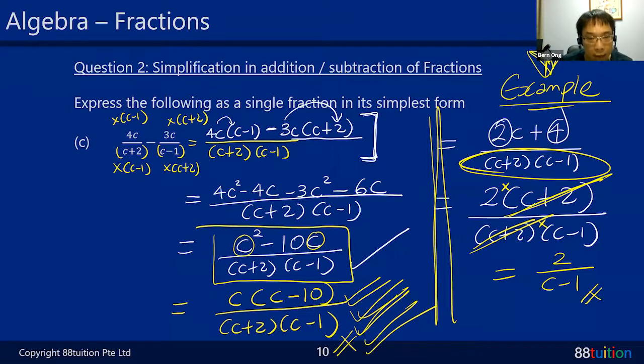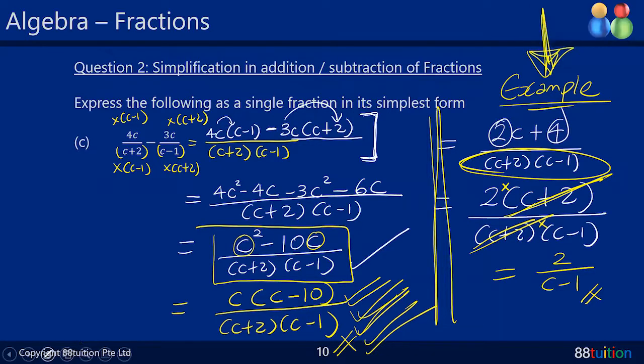Up here, you say that you don't understand. Which part you don't understand? You want to talk? Can I give you the mic? Give you the mic. Okay, up here. Yes. How can I help you? Press 1 for English. Press 2 for Chinese. What can I do for you? Yes, which part? The C squared minus 10C.